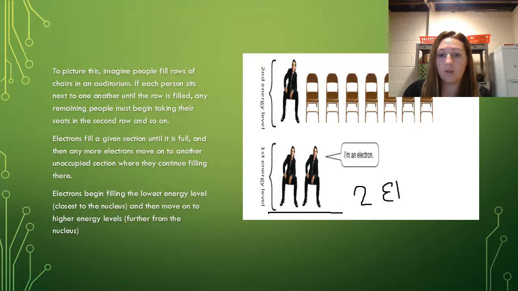So any number higher, with an atomic number of 3 or higher, has to be in the next row. And that's what you can see on our slide of the periodic table, that they're in the second row, which has 2 energy levels. So if they have 2, they move to the next row and they fill that up.